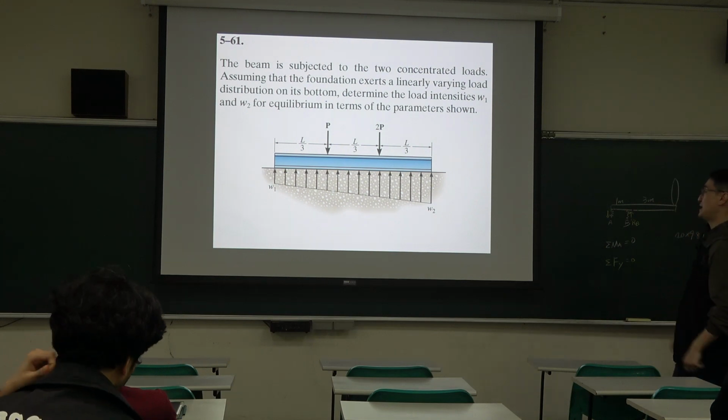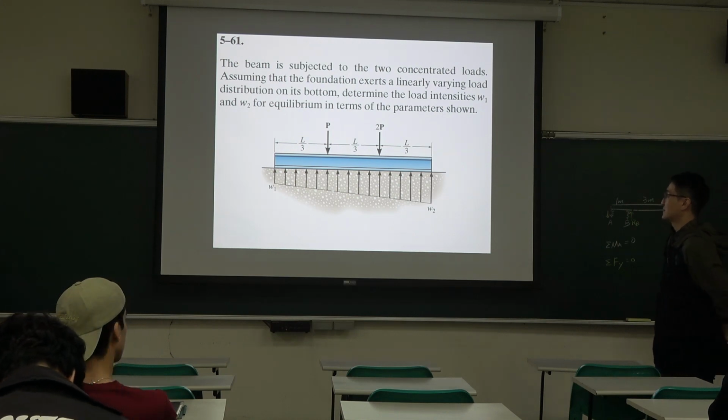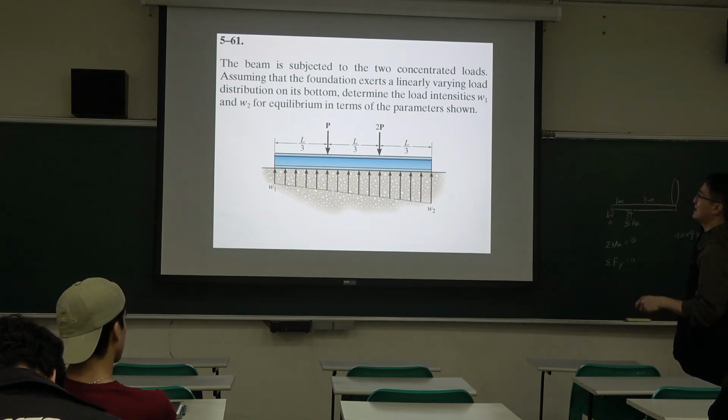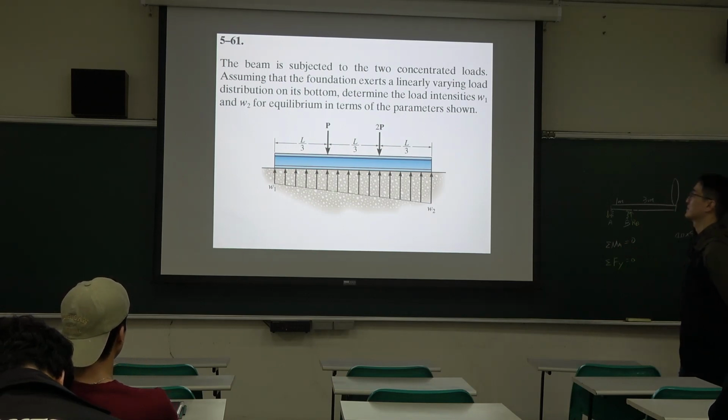Okay, next one, the beam is subject to the two concentrated loads. So here. And assuming that the foundation exerts a linearly varying load. So here. Determine the load intensities W1 and W2 for equilibrium in terms of the parameters shown here.